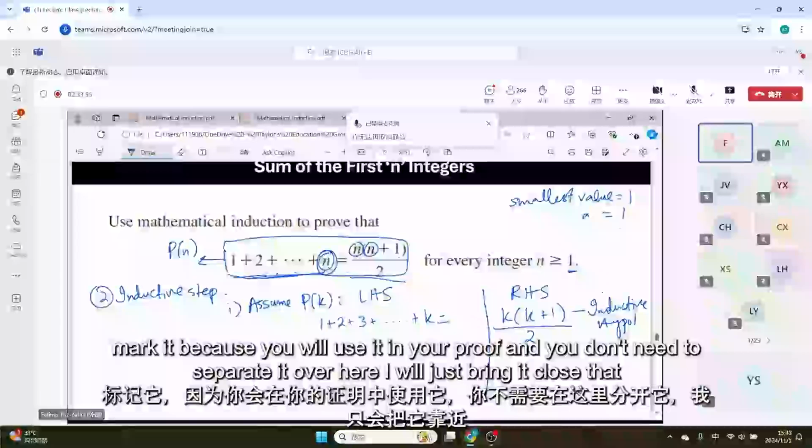Mark it because you will use it in your proof, and I'll just bring it closer.